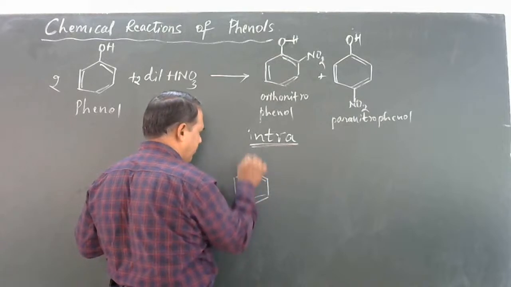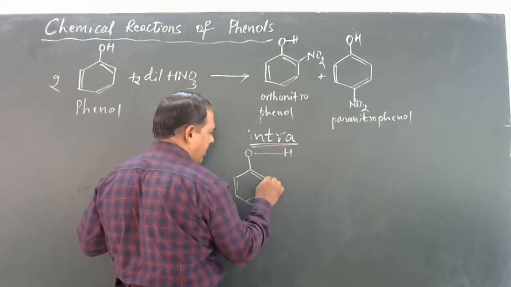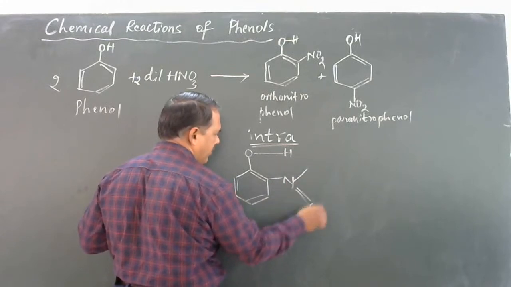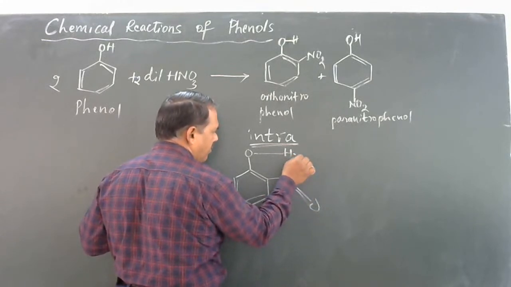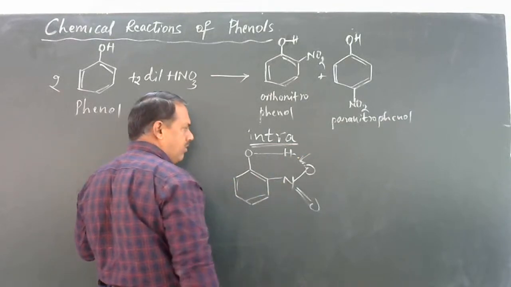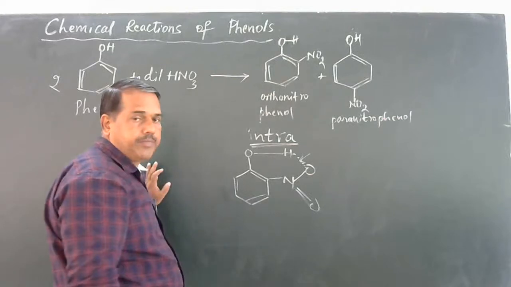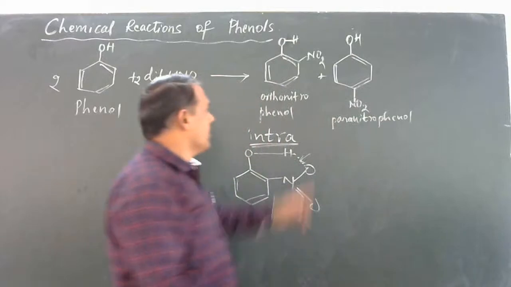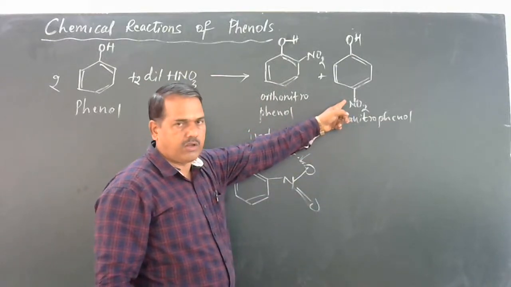This is O, this is H, this is N, and this is another O. We can find a hydrogen bond in the molecule itself. Are you clear? Therefore it is more volatile. In para we can find an association.